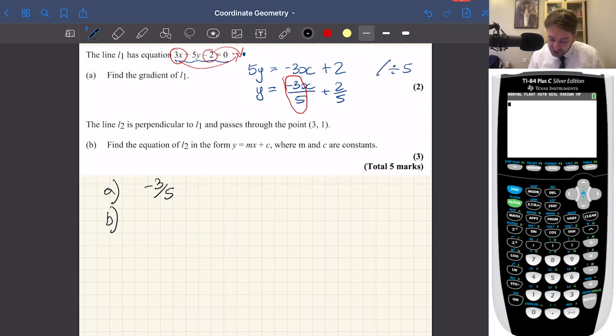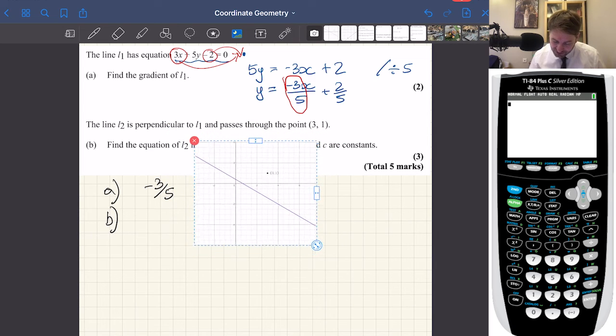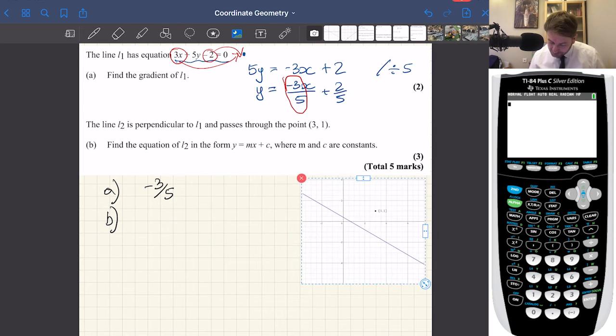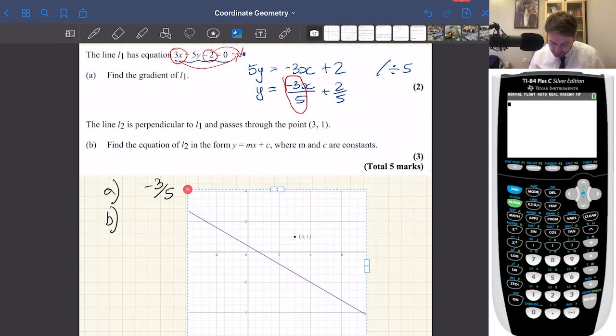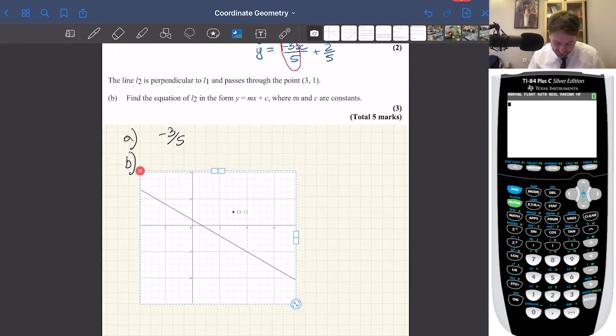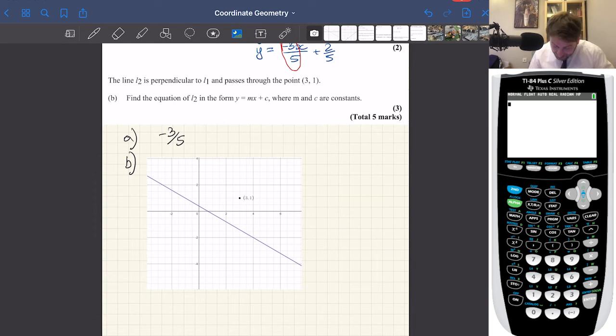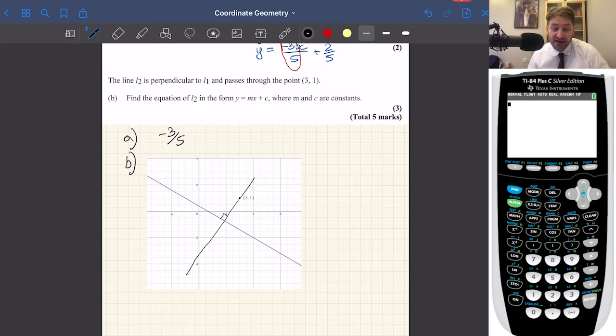Just to imagine how this would look, I can draw this on Desmos. I'm going to make it a little bit bigger. There was a word here: perpendicular. Perpendicular lines are lines that meet at 90 degrees.